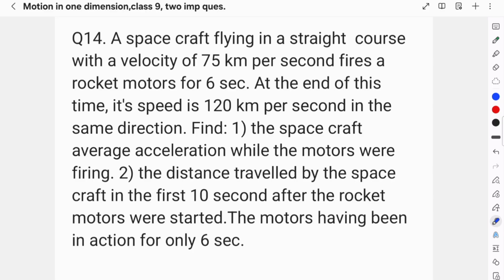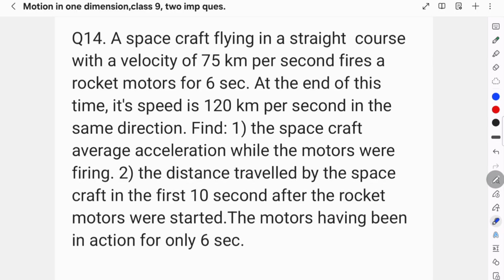So we have to find the average acceleration of the spacecraft while the motor was firing. And the second part is the distance traveled by the spacecraft in the first 10 seconds after the rocket motors were started, and the motors were in action for 6 seconds.